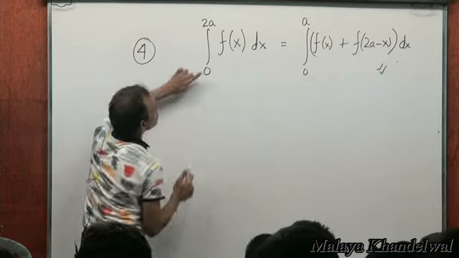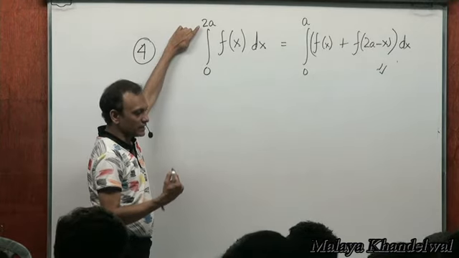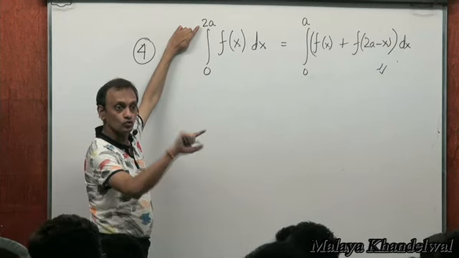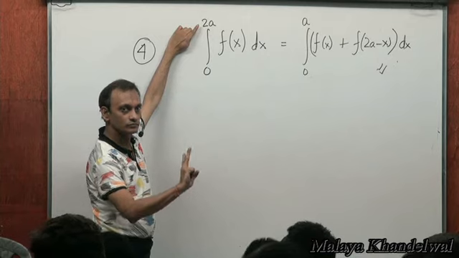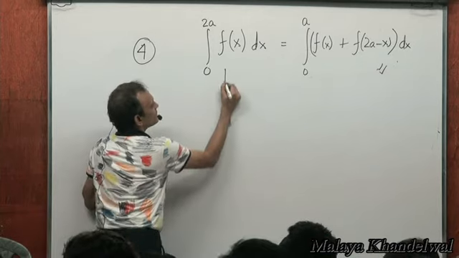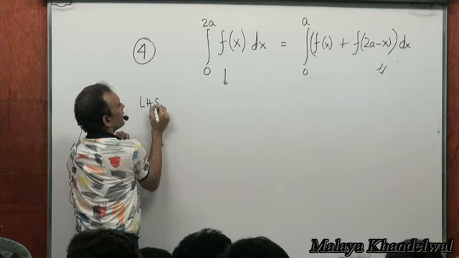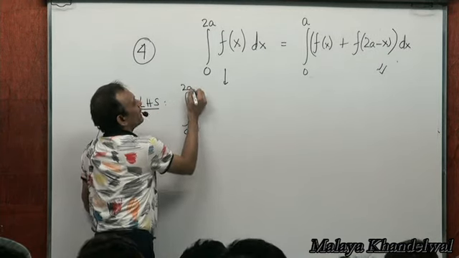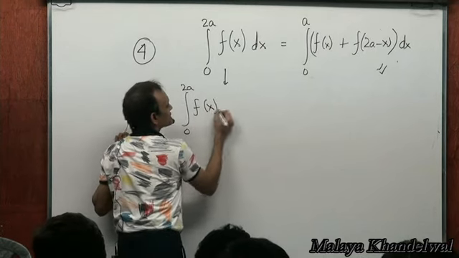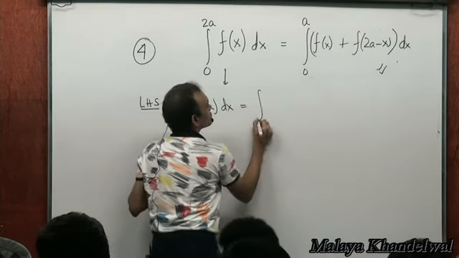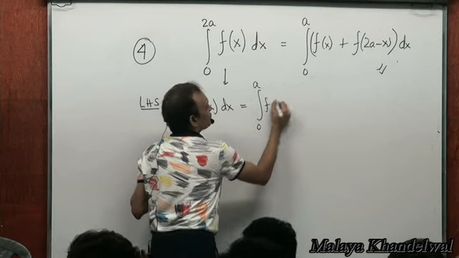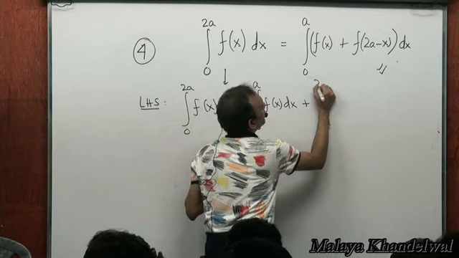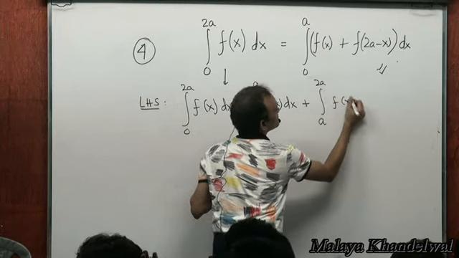So what I do is this: 0 to 2a, I break it into 0 to a and then a to 2a. So this left hand side I deal with as follows: 0 to 2a f of x dx is 0 to a f of x dx plus a to 2a f of x dx.